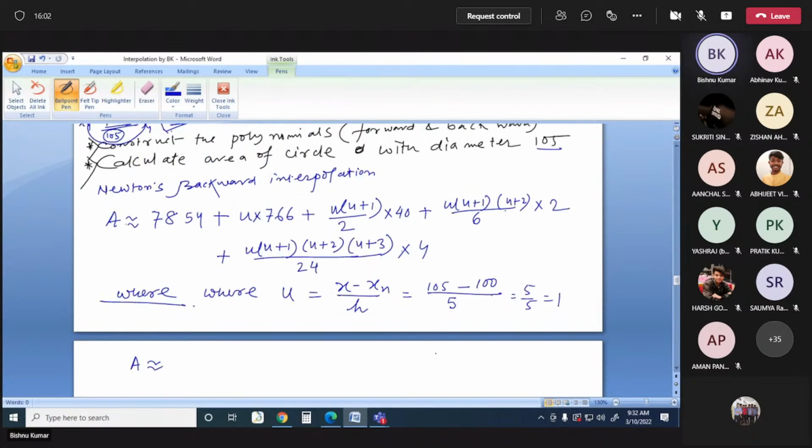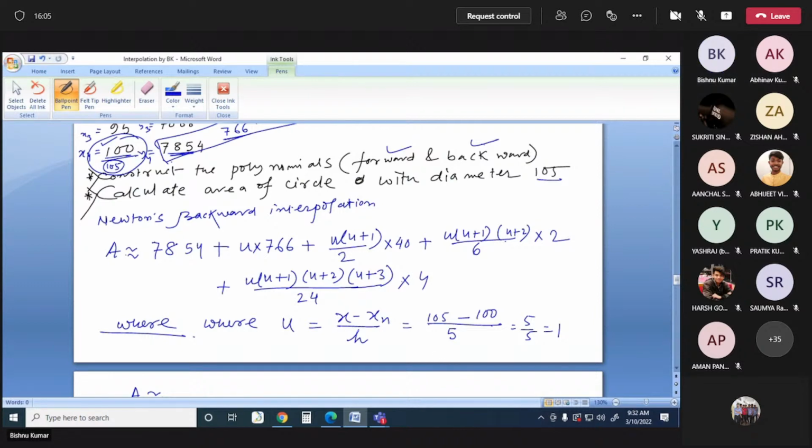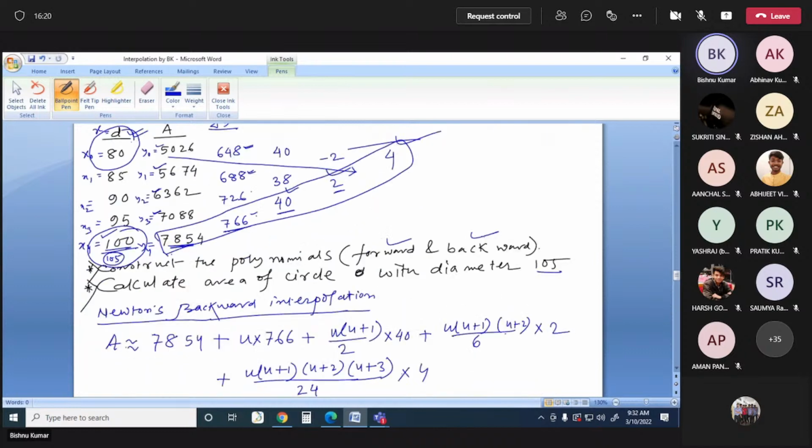My logic is, you are getting the point? Are you understanding? Why have I not used forward interpolation here? That logic you should also be clear about.